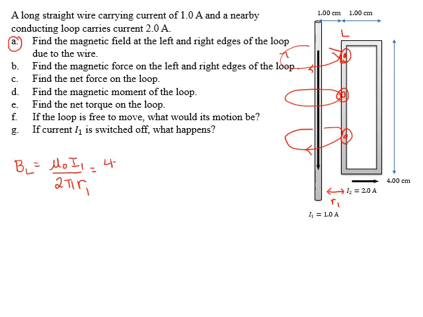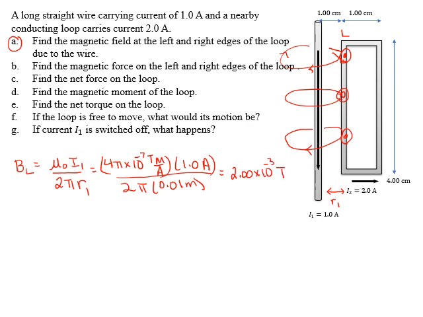So that's 4 pi times 10 to the minus 7 tesla meters over amps times 1 amp, divided by 2 pi times the distance between the wire and the left edge, 0.01 meters. Gives a magnetic field of 2 times 10 to the minus 3 teslas.